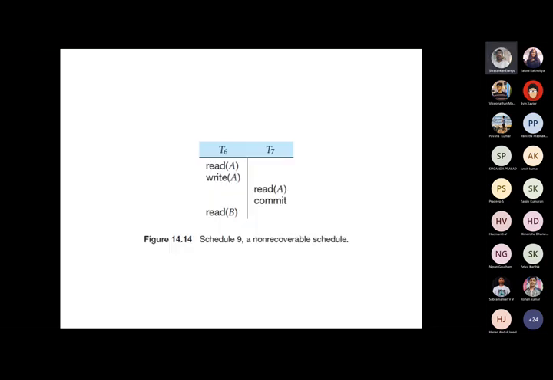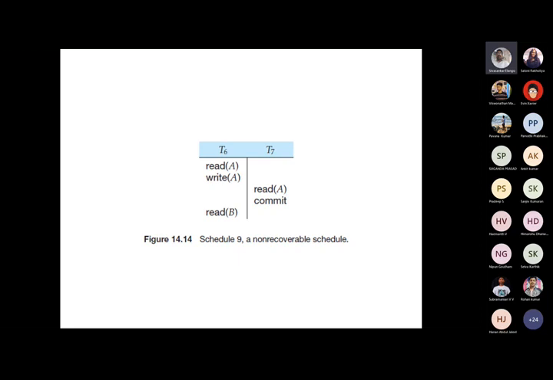So you have a pair of transactions, T6 and T7, such that the transaction T7 reads the value of data item capital A that is written by transaction T6. Then the commit operation of T7 should occur only after the commit operation of T6. So we have to delay the commit operation of T7 till the transaction T6 commits.